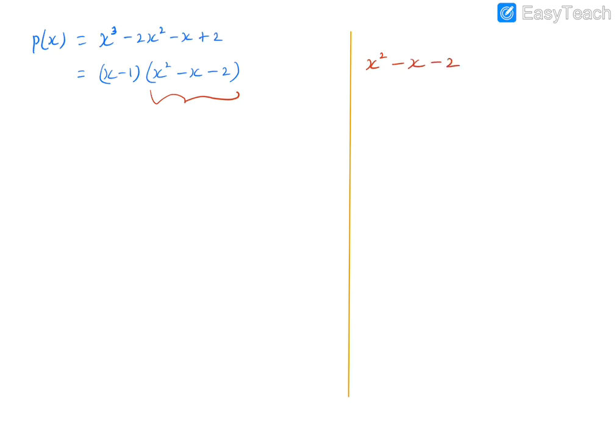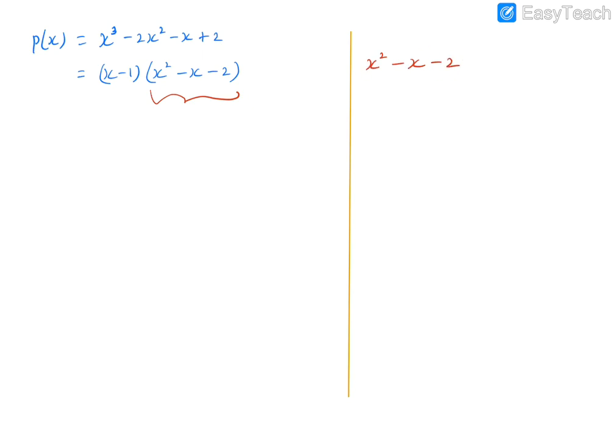So what we need to do is split the middle term, this minus x, which is minus 1x, such that when we add the two terms we should get minus x, and when we multiply the two terms we should get minus 2, because the product is going to be the coefficient a into c, in ax squared plus bx plus c, right?